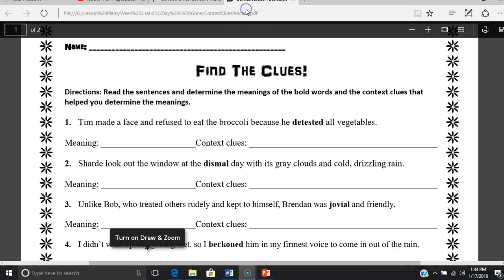So I can infer that what he's saying, and what the word detested means, is that he hated the vegetables. What context clue helped me figure out that he hated vegetables?